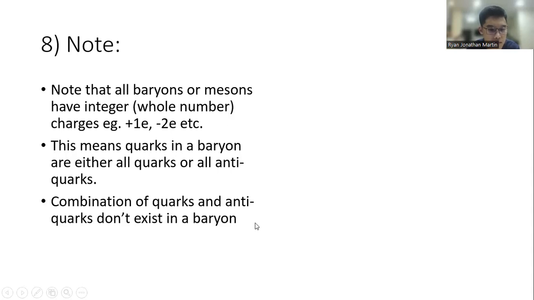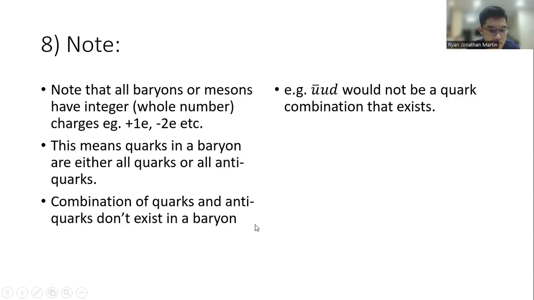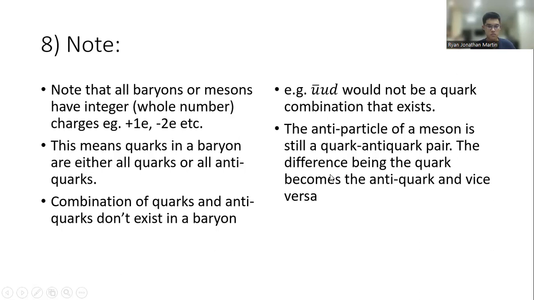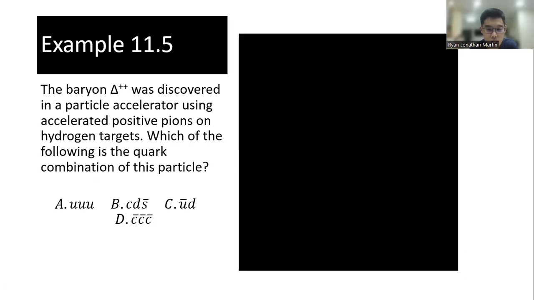Combination of quarks and antiquarks don't exist in baryon. Example, you won't have anti-up, up and down. Antiparticle of meson is still a quark antiquark. The difference is quark becomes antiquark and vice versa.